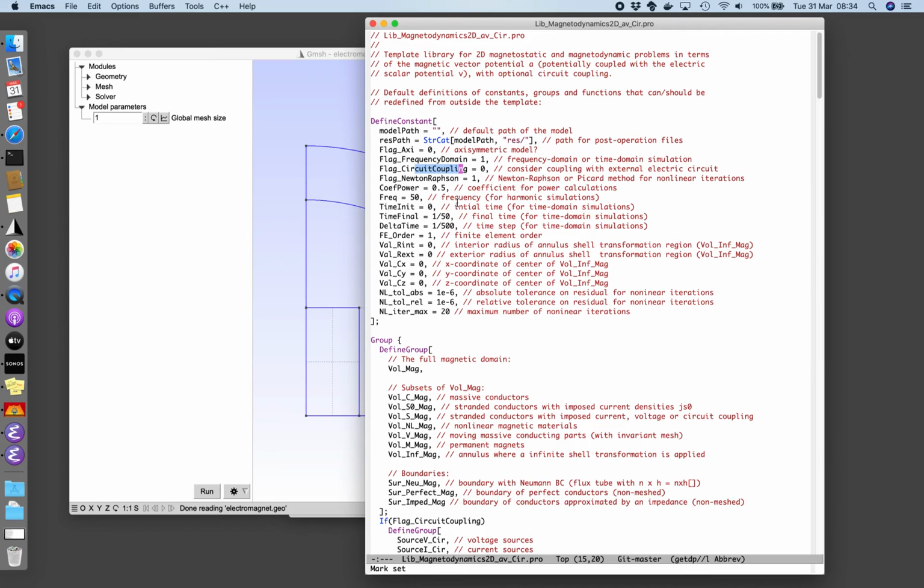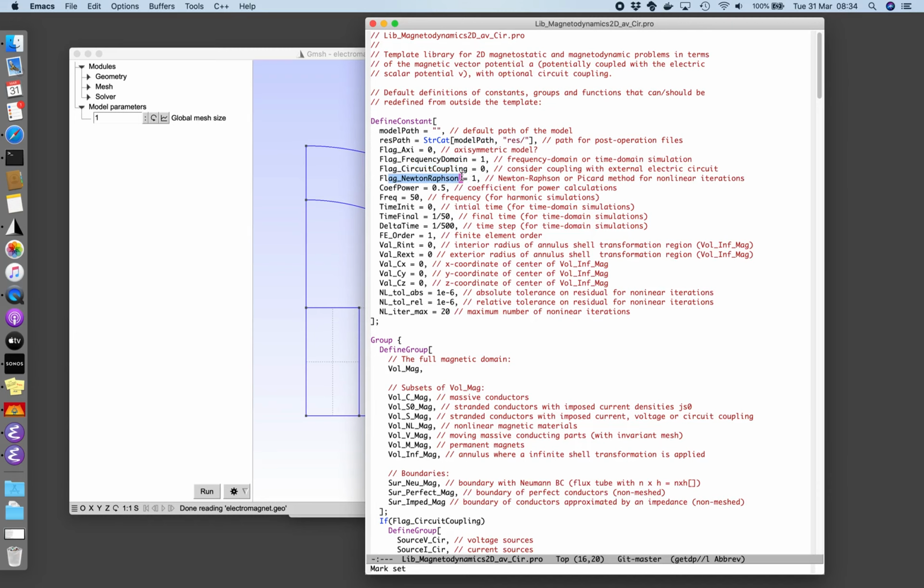So I'd like to have an external circuit with voltage or current sources, resistances, inductances, capacitors that I could play with in order to couple my finite element model with an external circuit. So we'll need to put this to 1 in the second example.